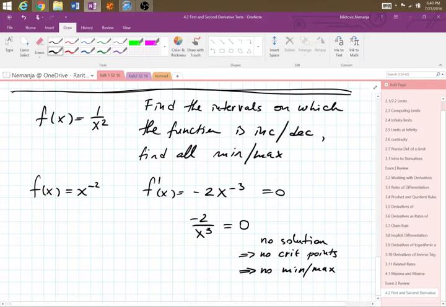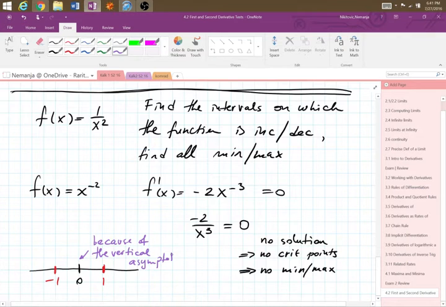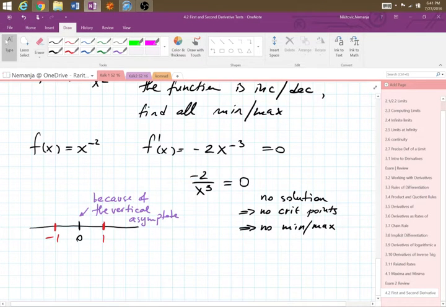However, you have to remember that this function has a vertical asymptote at 0, so 0 will still be partitioning this, and we are choosing two test points, -1 and +1. So I'm going to point the arrow here and say because of the vertical asymptote, we do have partitioning.